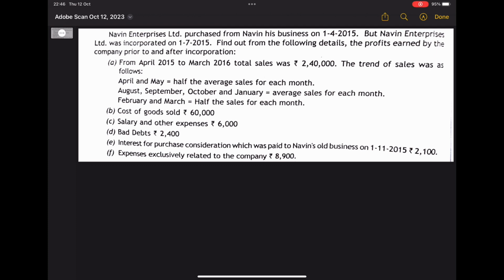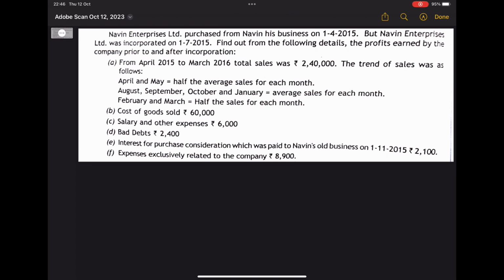Next, interest on purchase consideration which was paid to Navin's old business on 1/11/2015. So here they have directly given the date 1/11/2015, which is after incorporation, which means this is totally related to the post-incorporation period.